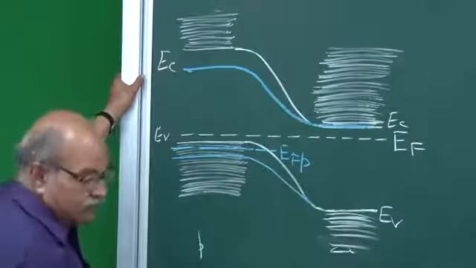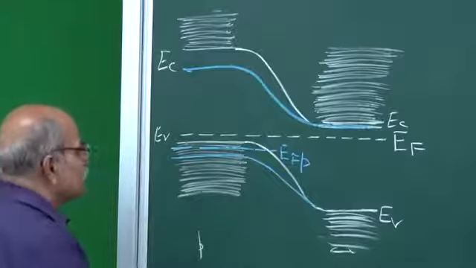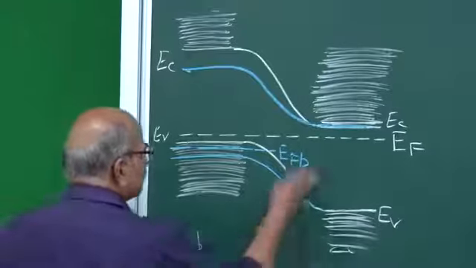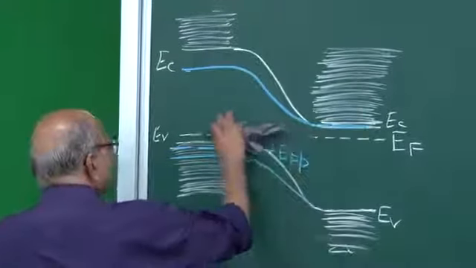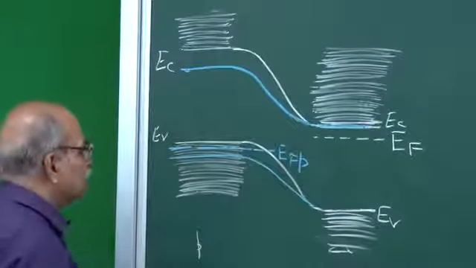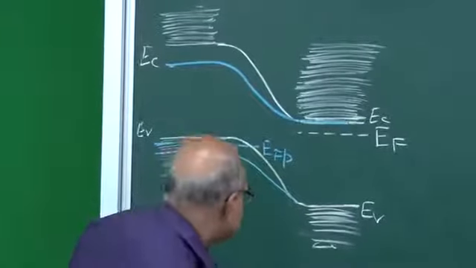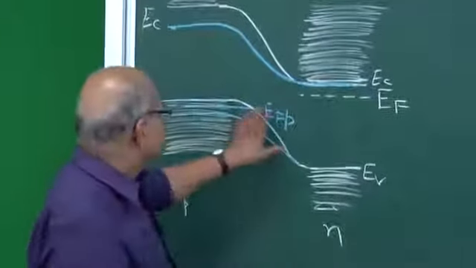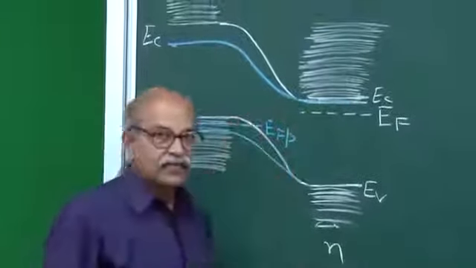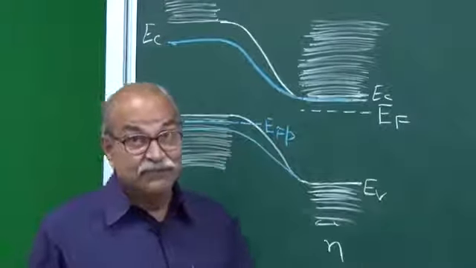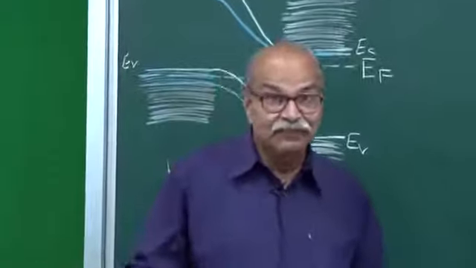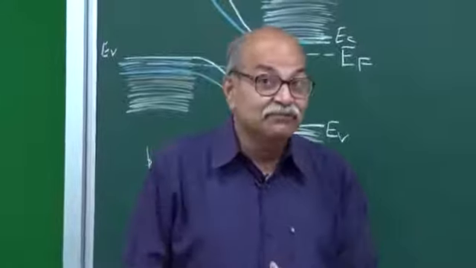Alright, so now you have two Fermi levels. For P side you have a shifted lower Fermi level, and for this N side you have a different Fermi level. Here this is lower, this is higher. I told you that for one system you should have one Fermi level, but that was for equilibrium.